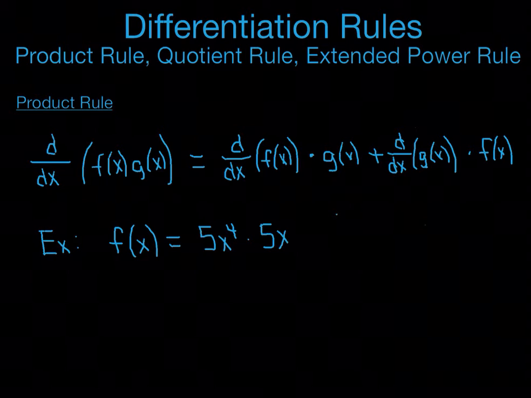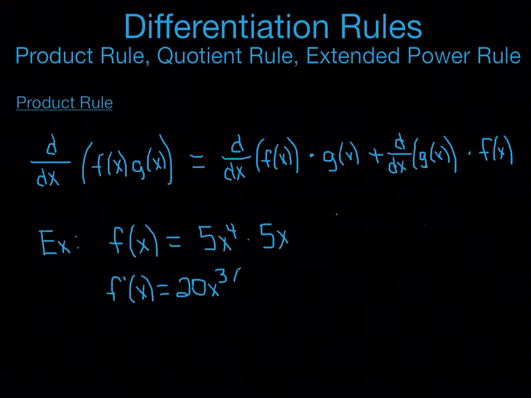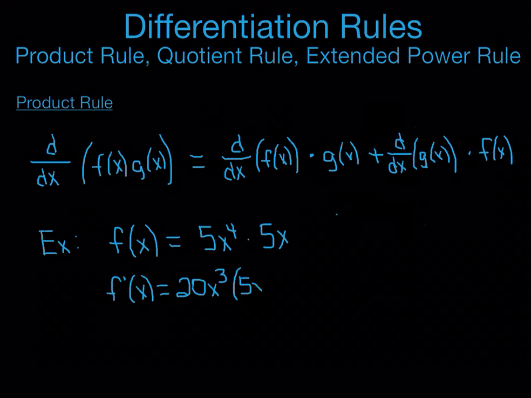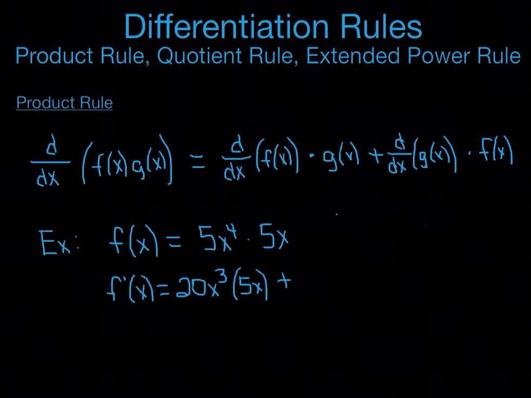Let's say f of x is equal to 5x to the fourth times 5x. Well, the derivative of this would simply be the derivative of the first, using your power rule, which is 20x cubed, times the second, 5x, plus the derivative of the second, which is simply 5, times the first.